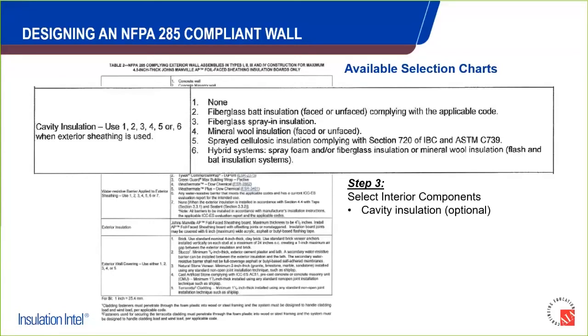Fiberglass batts, mineral wool, sprayed cellulosic foam, which is actually a flammable material, but it's encased in gypsum, so it doesn't fail the test. And then hybrid systems, spray foam and fiberglass. Fiberglass and mineral wool are two non-combustible elements again, so those are fairly safe in any assembly.